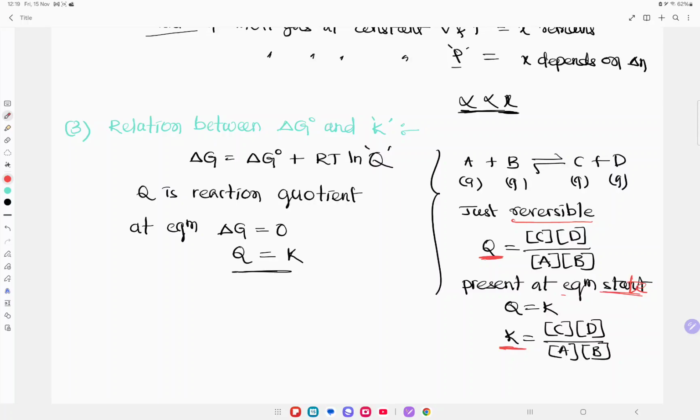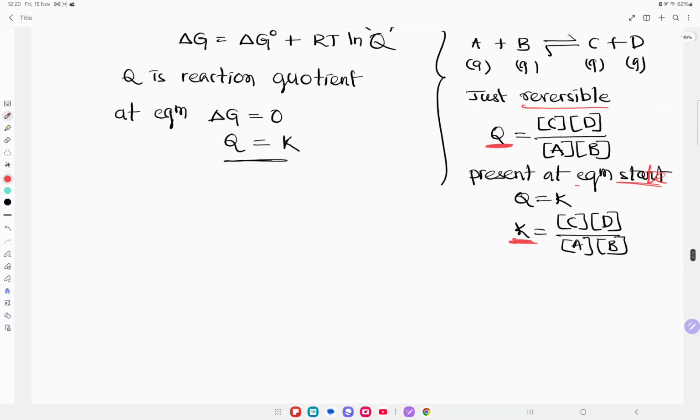For all conditions we write Q. If the reaction is not at equilibrium state, we write Q. If it is at equilibrium state, we write K.